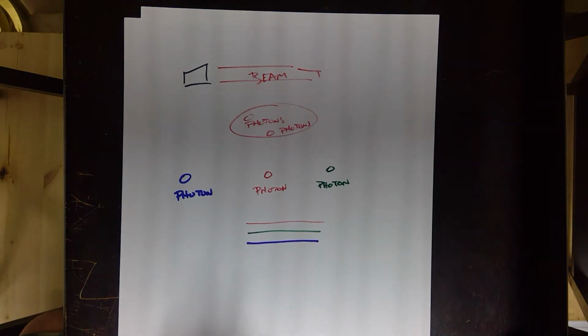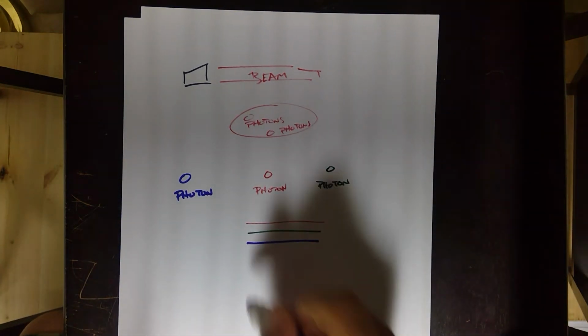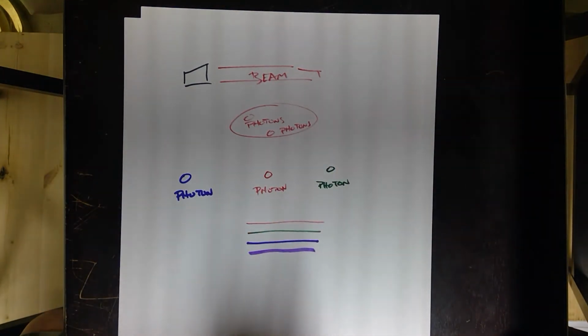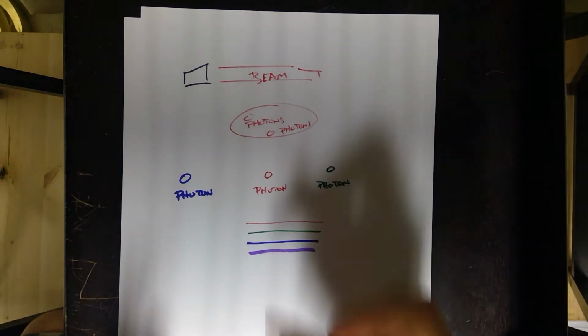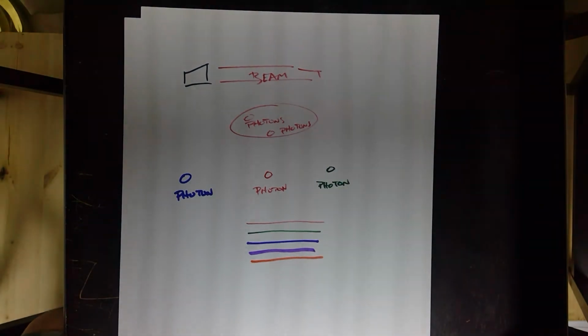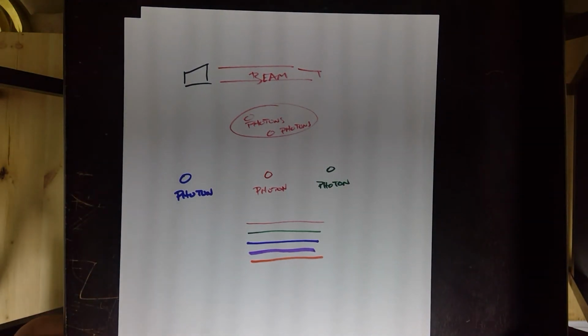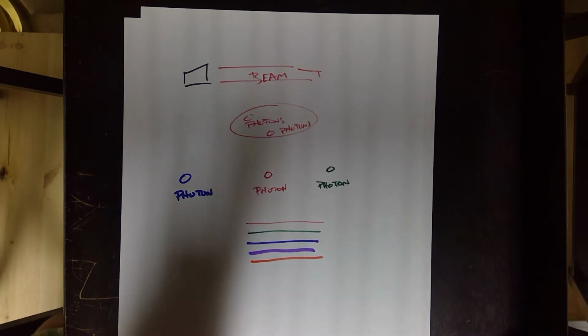And this is all layered on top of one another. You got your violet. Is this orange? Is it? It says cherry. What does cherry look like? That's kind of orange, right?